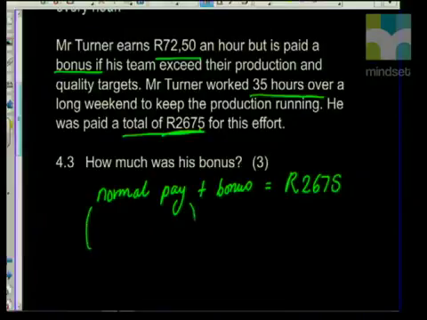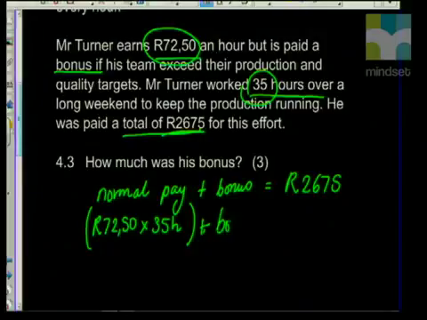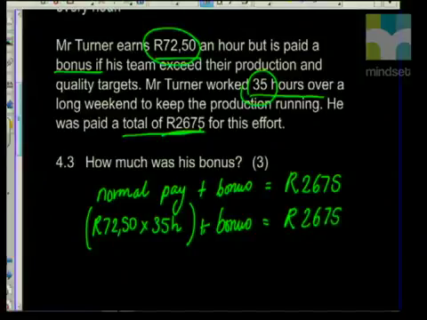This normal pay, they've told us he earns 72 Rand 50 per hour, and they've told us that he works for 35 hours. Okay, so 72 Rand 50 times 35 plus his bonus is equal to 2,675 Rand. Now this part is quite easy to work out.